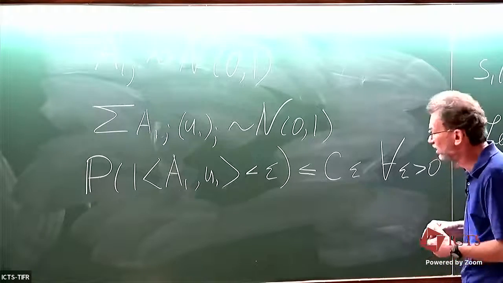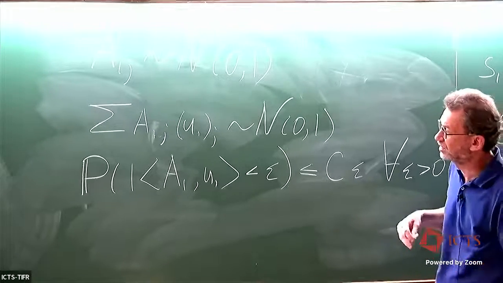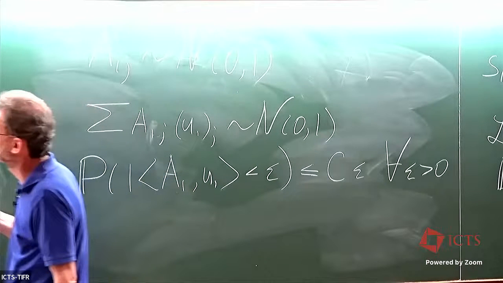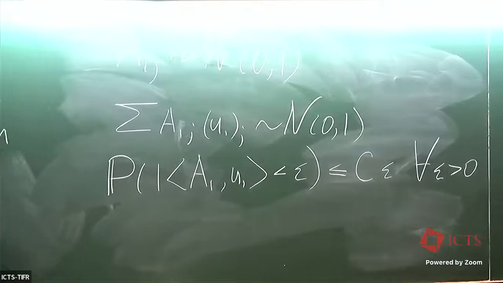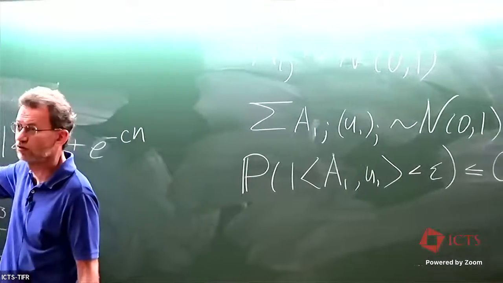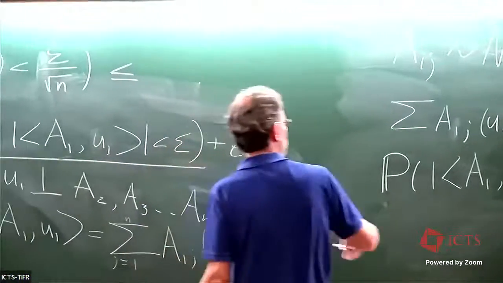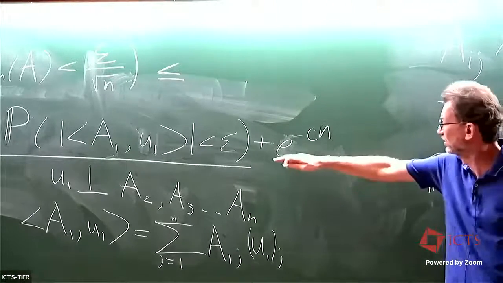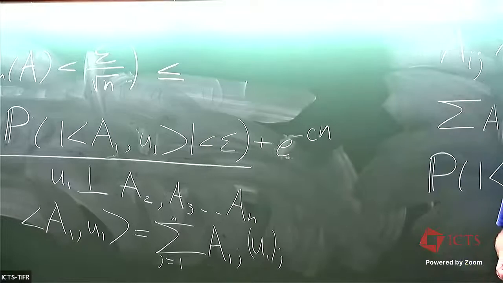And it means that the probability that the smallest singular value of the Gaussian matrix is less than epsilon over square root of n is bounded by a constant times epsilon, maybe plus this exponential.